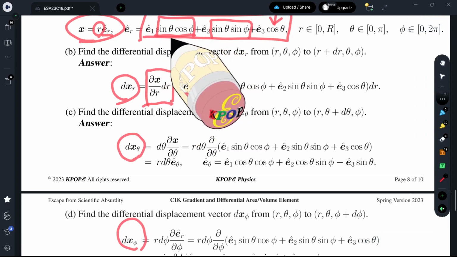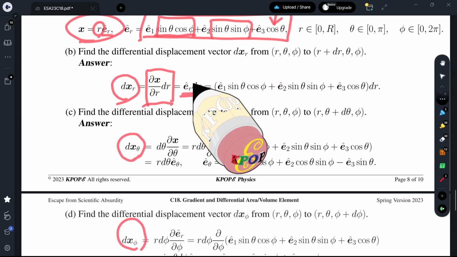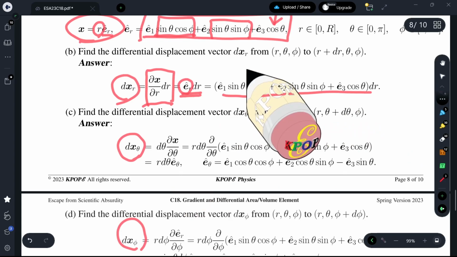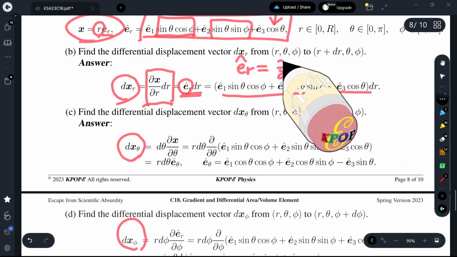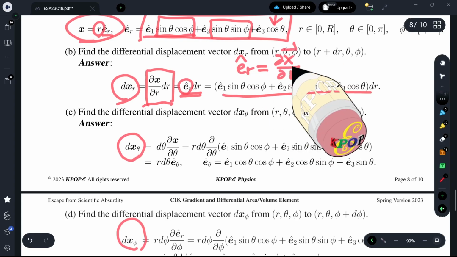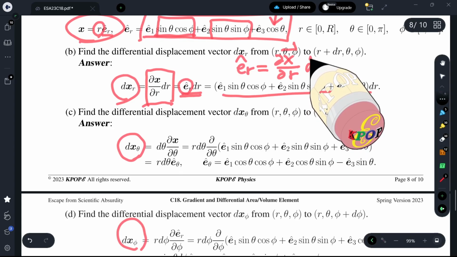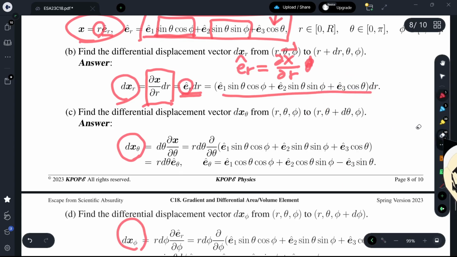We know this is independent of radius, so the final result is immediately obtained. So e_r hat is the partial derivative of the position vector. That's it.